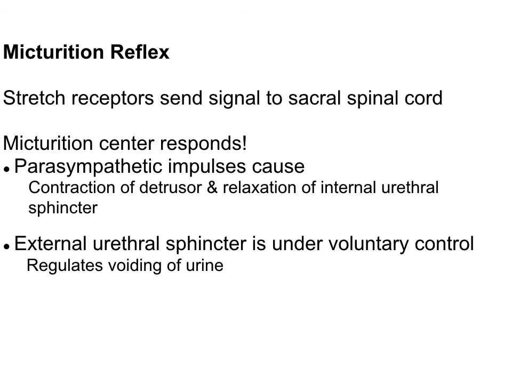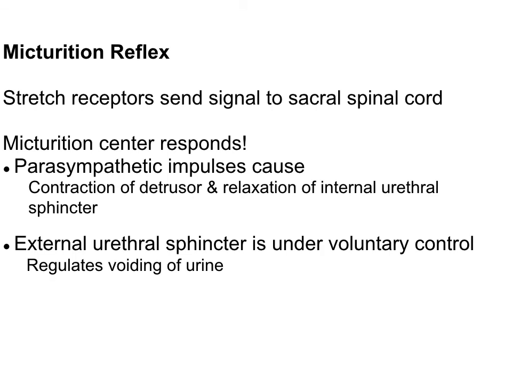So you've got the detrusor muscle contracting, increasing pressure, and the internal urethral sphincter relaxing. If you have it, it's going to open. However, you have your external urethral sphincter as well. The external urethral sphincter is made of skeletal muscle, which means it's under voluntary control.